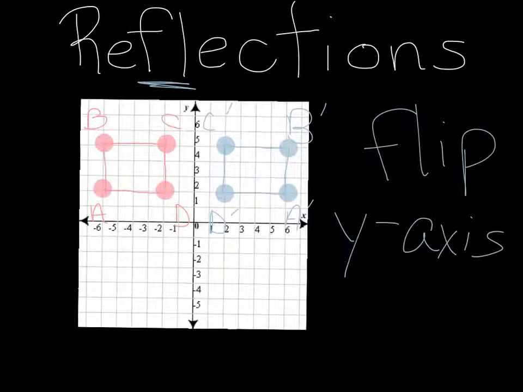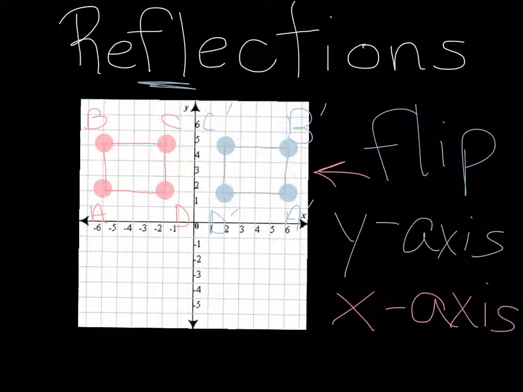Now, I could also take this new figure, this image, and I could flip it or reflect it across the x-axis. Now to do that, I'm going to do the same thing, but I'm going to start with this point, and I'm going to count till I hit the x-axis.